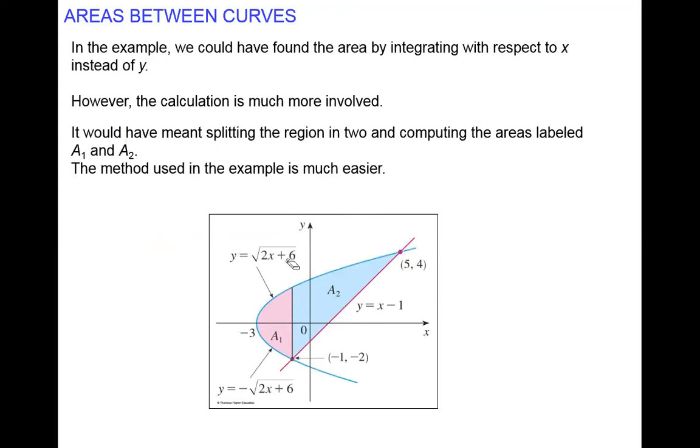That means I can integrate from that point to this one, where I will have the top and the bottom. The blue part is not a problem. But what about the pink part? That's weird, because I have to have the positive part and the negative part of the same curve. How can I say the top curve minus the bottom one? It's the same curve. You can still do it, but it looks weird.